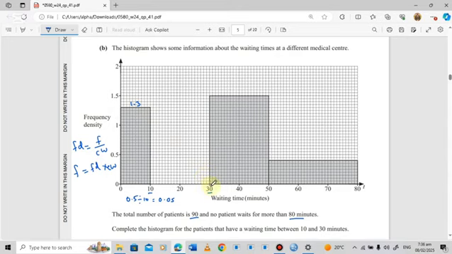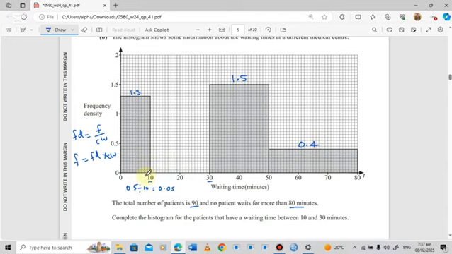Then coming to this one, we know that this is 1, then 1.1, 1.2, 1.3, 1.4, 1.5. So this is 1.5, okay? Then this one, 0.1, 0.2, 0.3, 0.4. So this bar is worth 0.4.